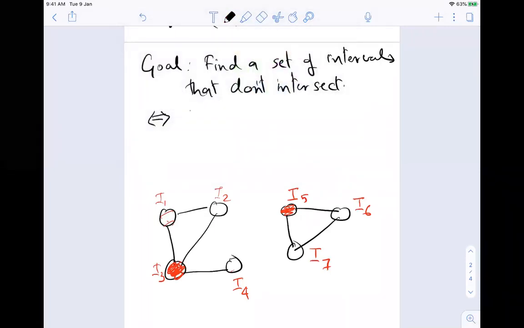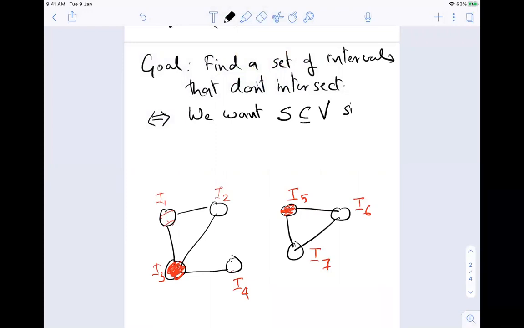We want a subset of the vertices such that for all ij in the set S, ij is not in the H set.